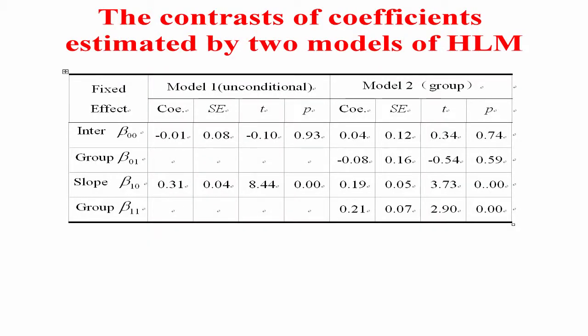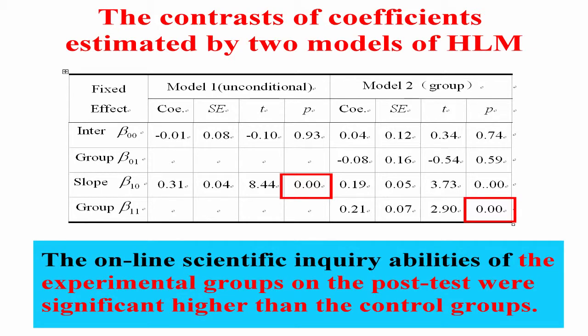The performance of the experimental groups from the single group design significantly surpassed the norm samples in the computerized scientific inquiry literacy assessment. The online scientific inquiry abilities of the experimental groups in the post-test were significantly higher than those of the control groups.